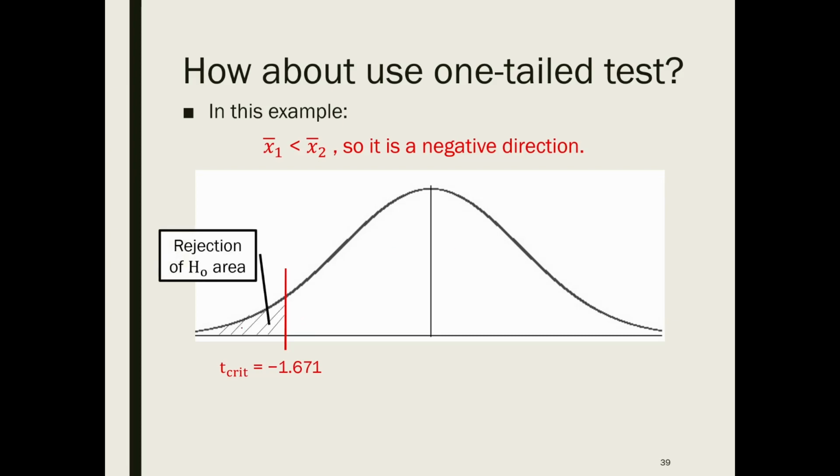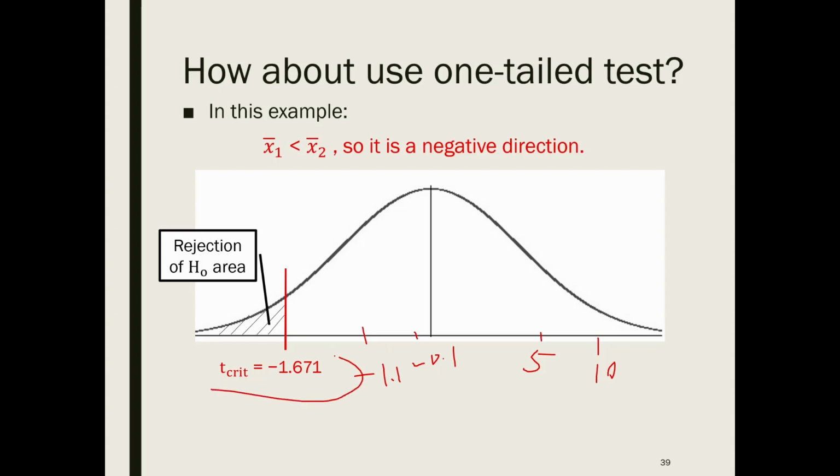Anything that is less than this T critical will be the decision to reject the null hypothesis. Anything that is bigger, whether the T critical is negative 1.1 or negative 0.1 or even 0.5 or even 10, whatever, we are going to accept the null hypothesis.